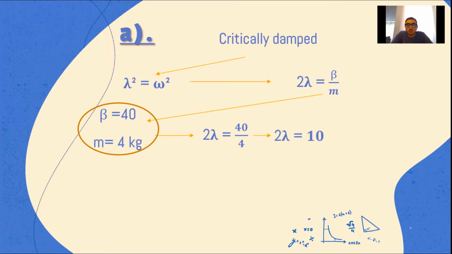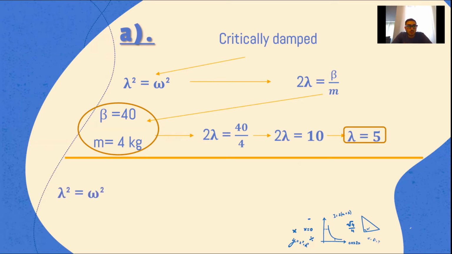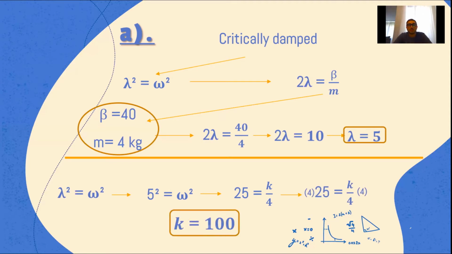Once we divide out the 2, lambda is equal to 5. So given the actual parameter of 5 being lambda, we can plug that back into the equation. 5 squared is equal to 25. And omega squared is better known as spring constant over m, which m is 4. We're trying to find the spring constant, so we multiply by 4 on that side. We get a spring constant of 100.